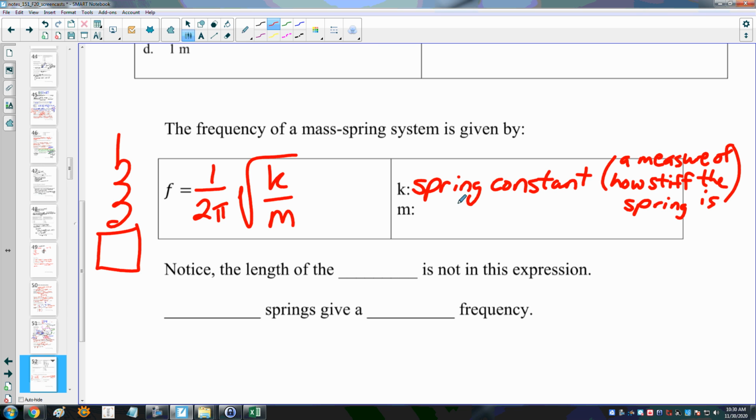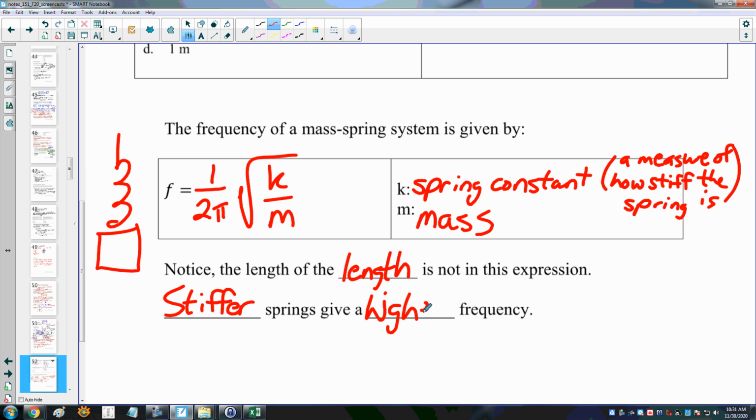And then m is just the mass that I have on this spring. Notice that the length of the spring is not in this expression. Stiffer springs give a higher frequency. That is, if k goes up, that means the frequency goes up.